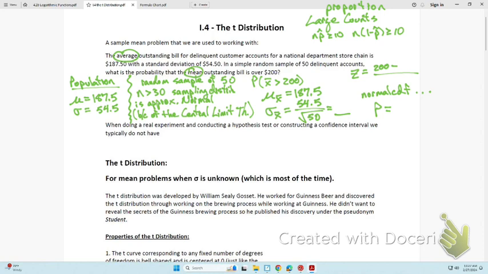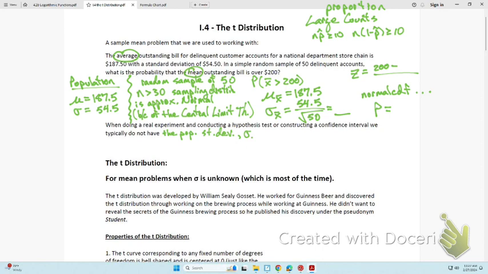In this handout, we're missing something that was given to us in the green writing. So let's see, when doing a real experiment and conducting a hypothesis test or confidence interval, typically we don't have the population standard deviation, sigma.